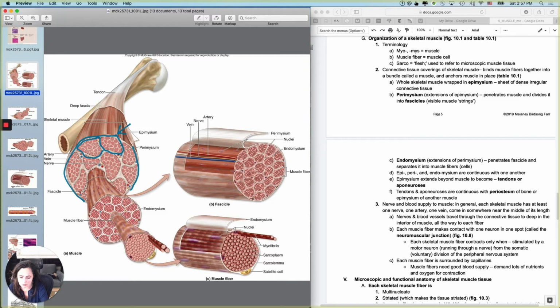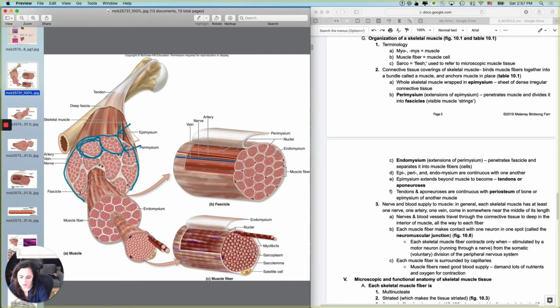But once you get in a little further, a thinner version that is continuous is called the perimysium. What the perimysium does is it penetrates into the muscle and divides it into these bundles of muscle fibers called fascicles. So here is a fascicle, right, that's wrapped with perimysium.